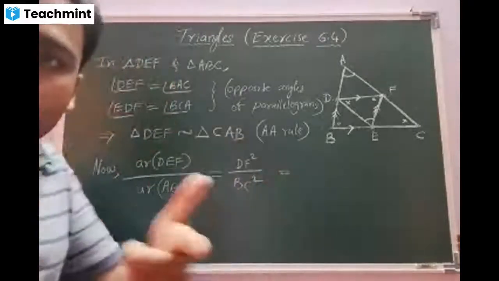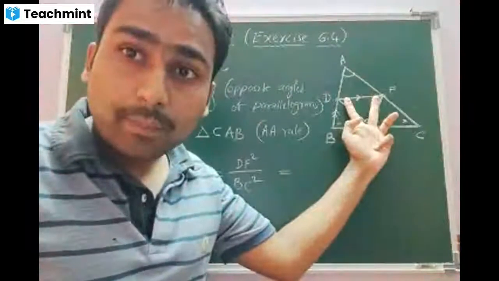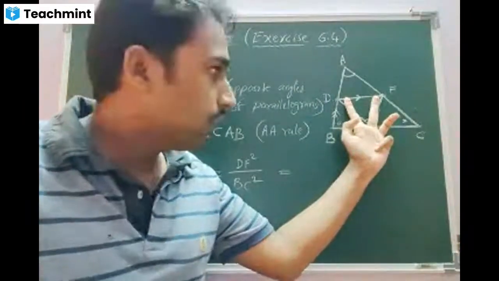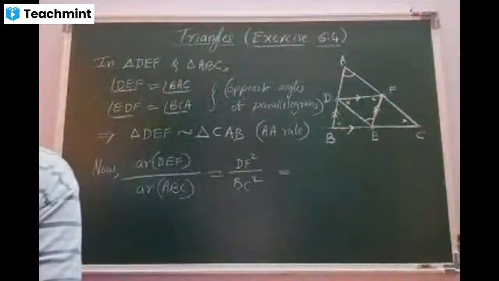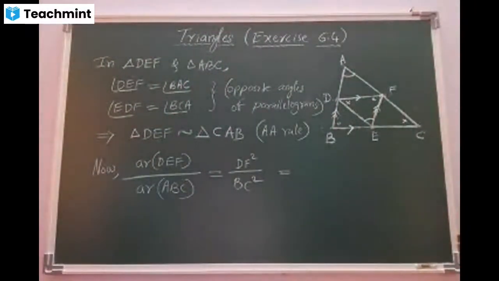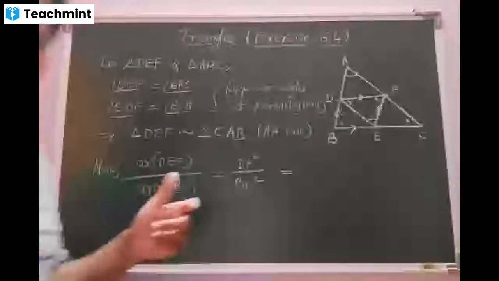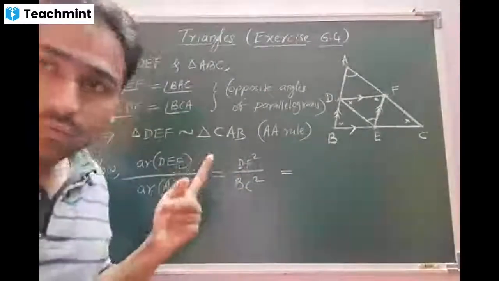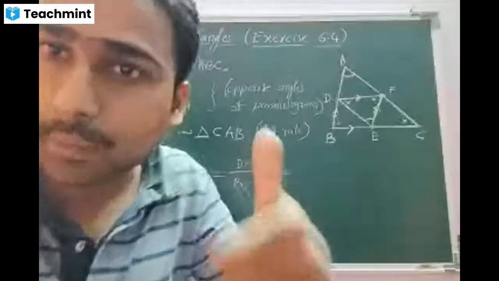Now, observe carefully. DF, if you go for the midpoint theorem, DF is half of BC. Am I right? Okay. So this DF can be written as half of BC according to the midpoint theorem.